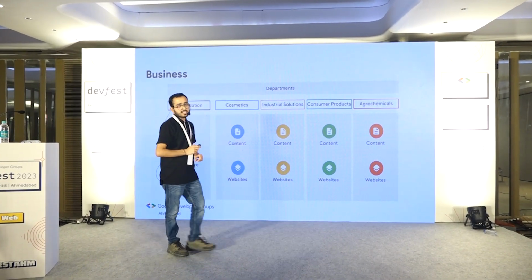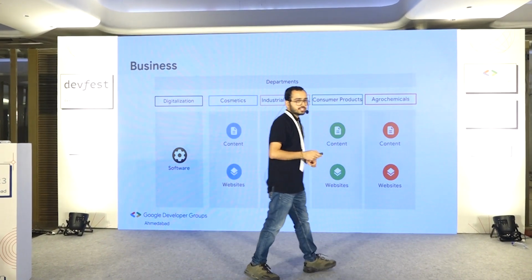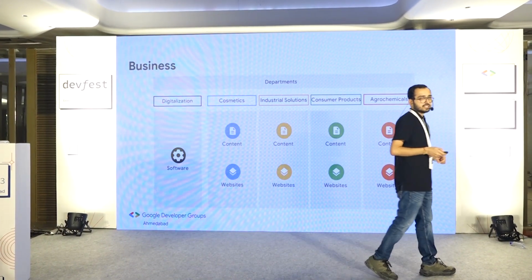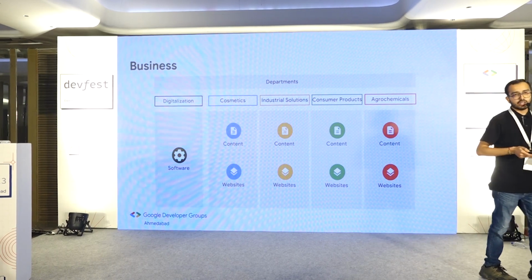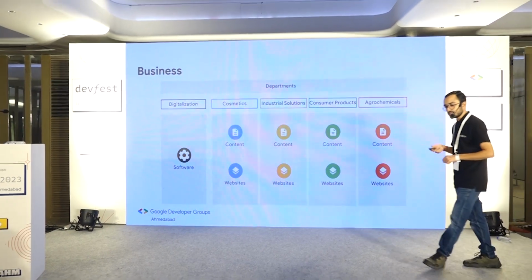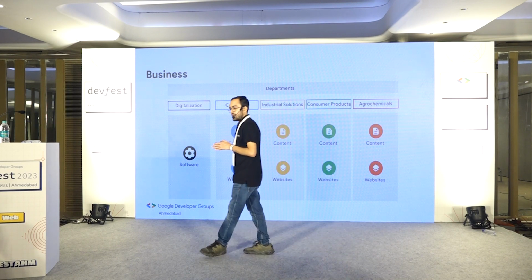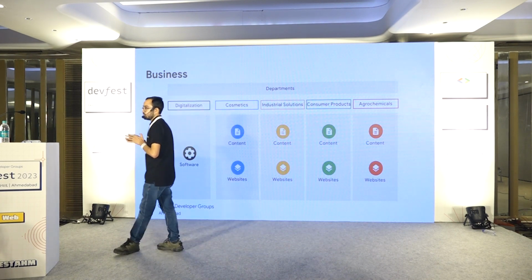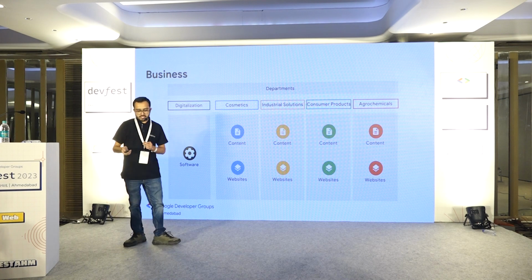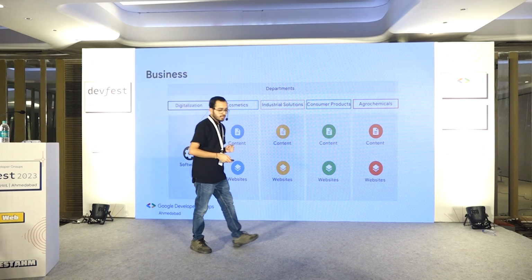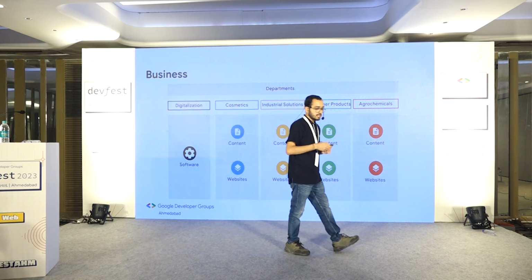The digitalization department took up the initiative to solve these various challenges and come up with software that would help the various other departments targeting different categories, and the departments for these categories could just use this software to make the user journey much easier.